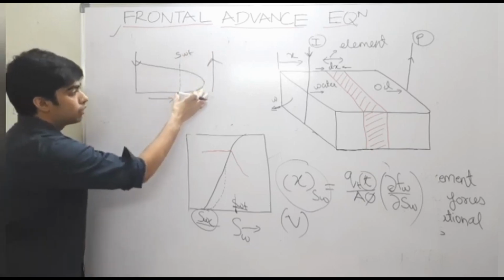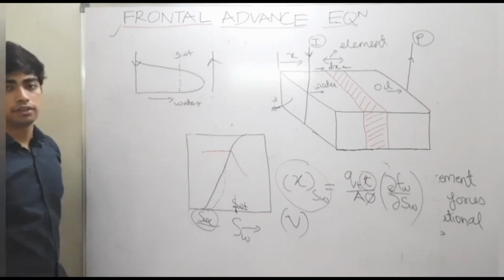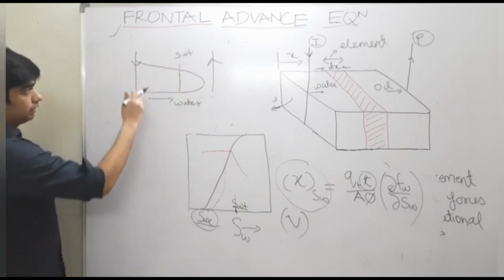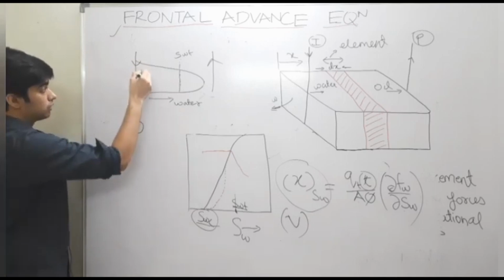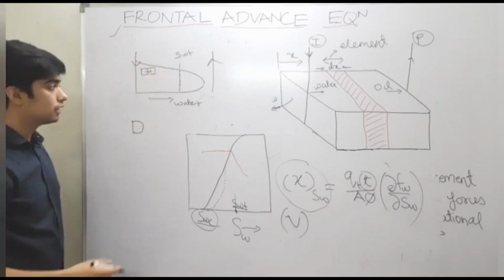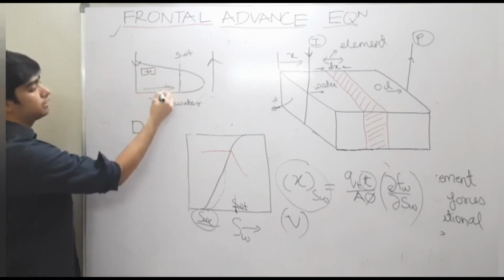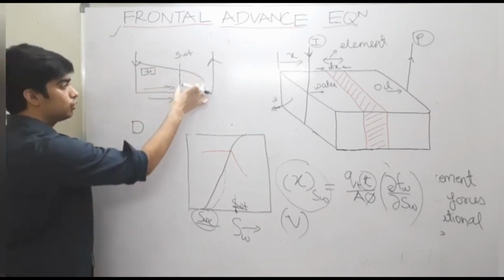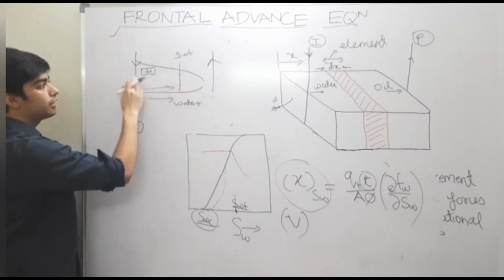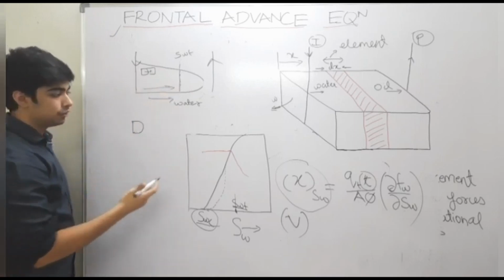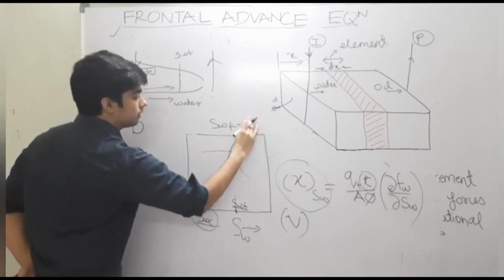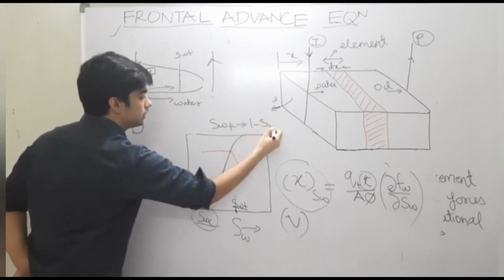So this whole block will travel at the same speed, and beyond this point the movement of saturation blocks from one part of the reservoir to another will be different. The velocity of each and every saturation is different in this case. This whole block will move together while this block will move far apart, because there is a relative displacement between the saturation from SWF to 1 minus SOR.